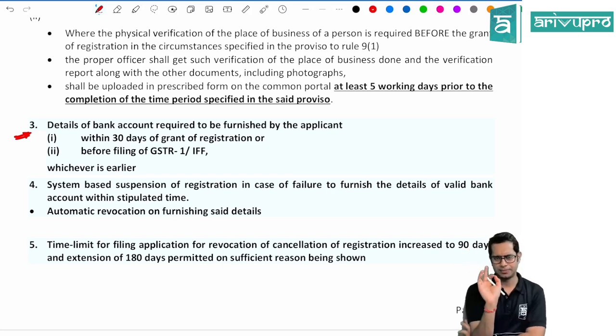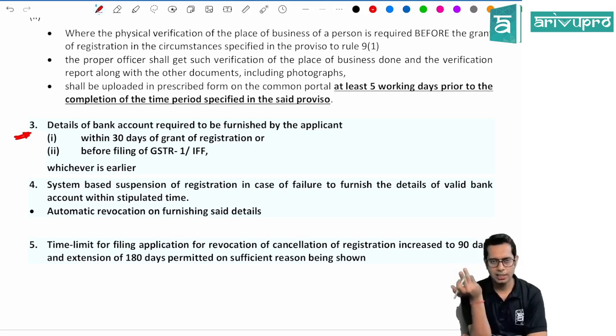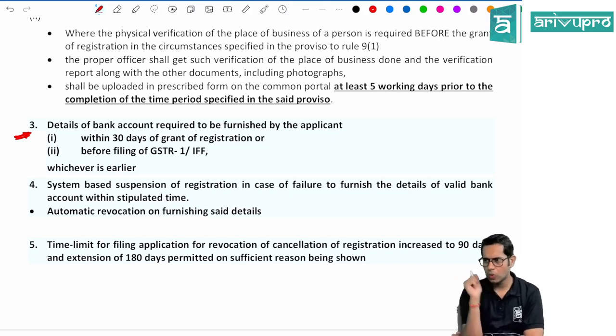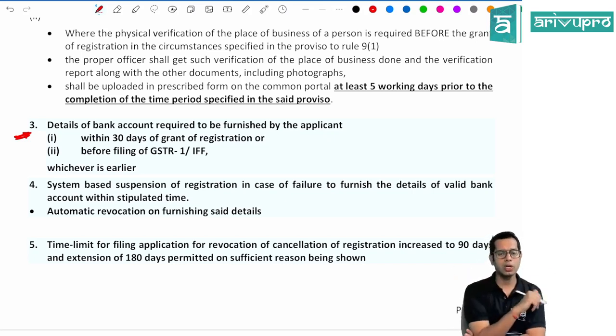What problem used to happen is, if I go to a bank to open a bank account, the basic document required was the GST registration certificate. So without the GST registration certificate, I could not open a bank account. And here I could not get the GST registration without my bank account. So there was one big problem.